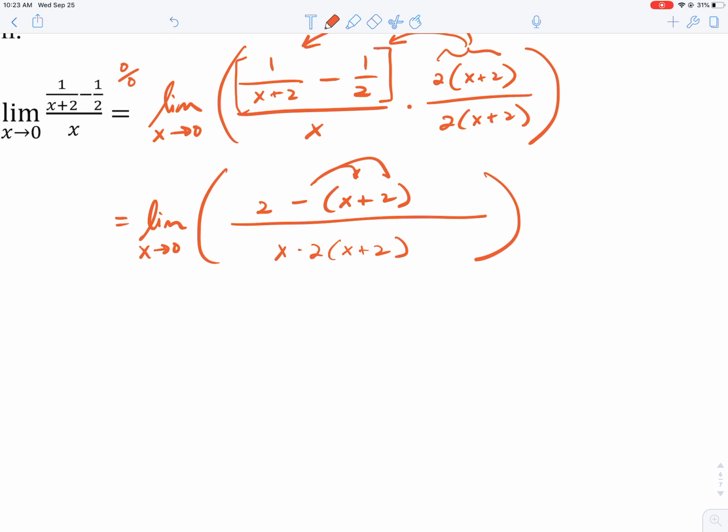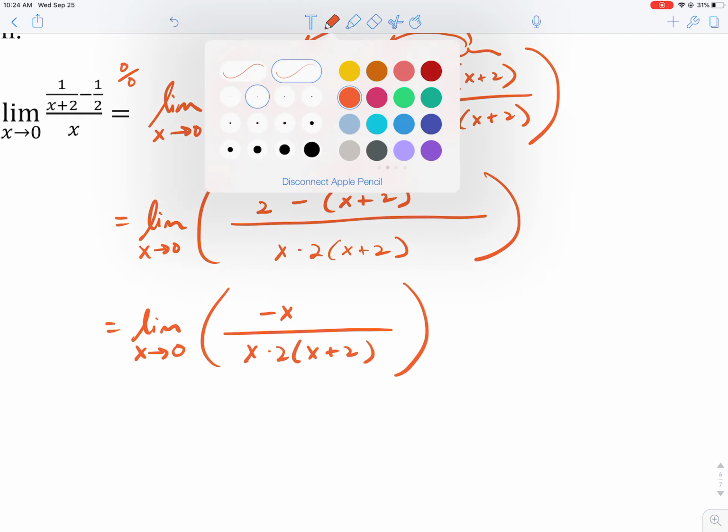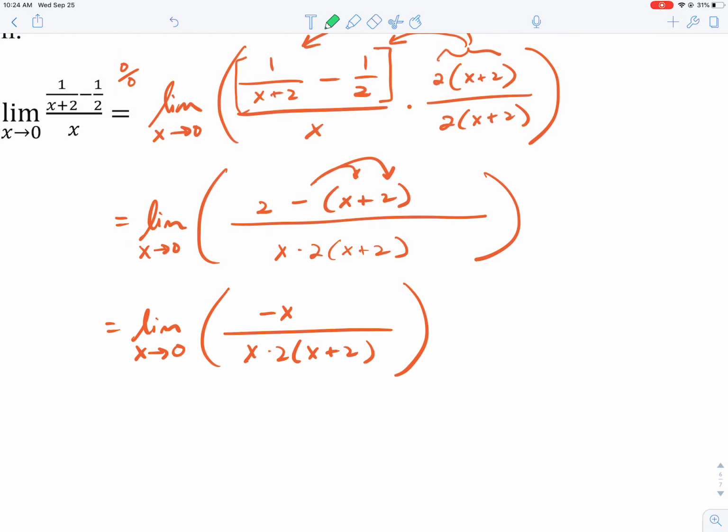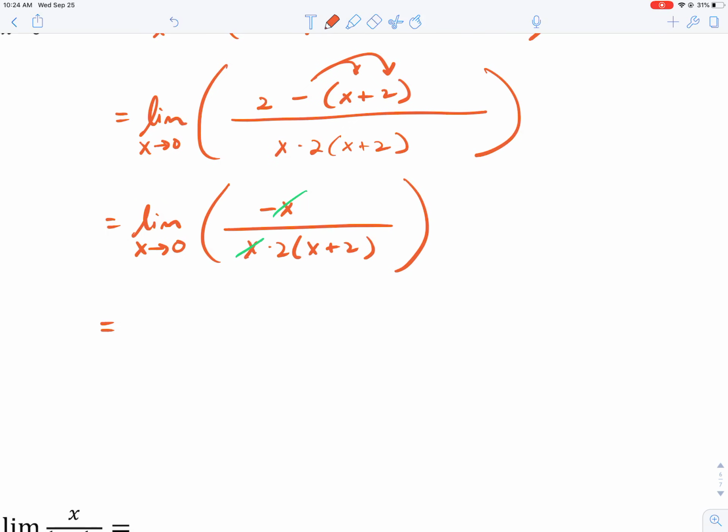Distribute the negative and combine like terms so that you can see the numerator ends up being negative x over x times 2 times x plus 2. So the x's, that makes sense, right? If 0 was what was causing, when we plugged in 0, we end up with 0 over 0, it makes sense that we would have the x's canceling.